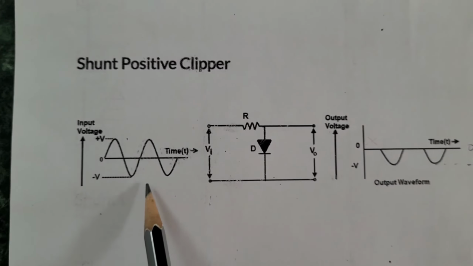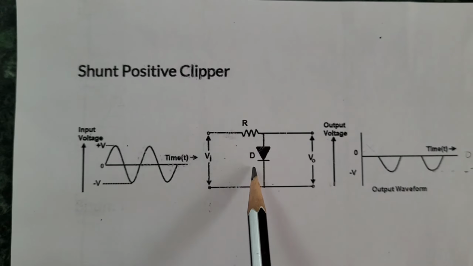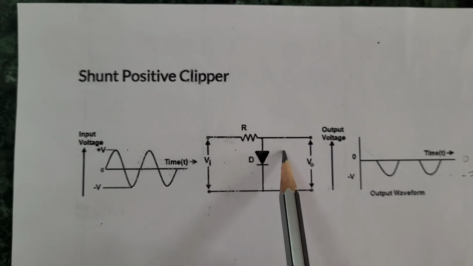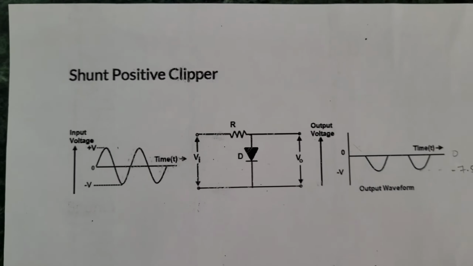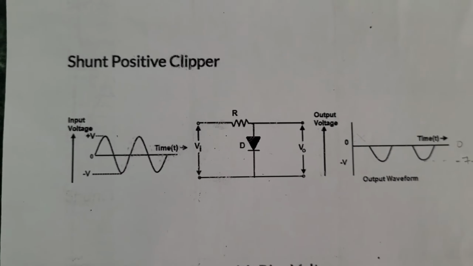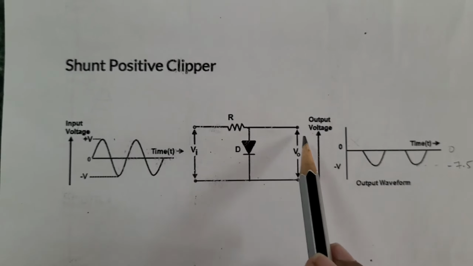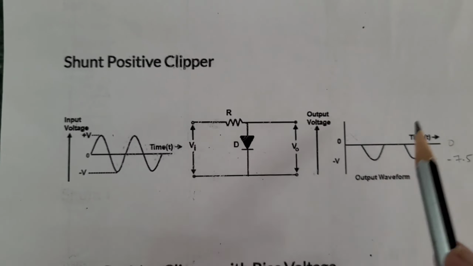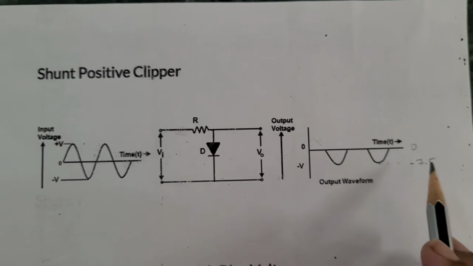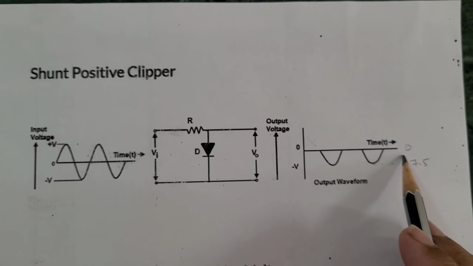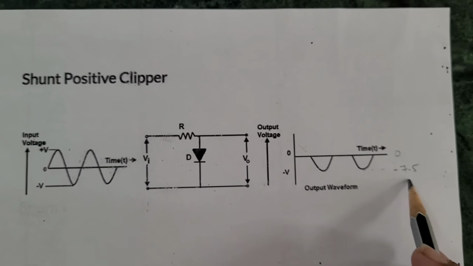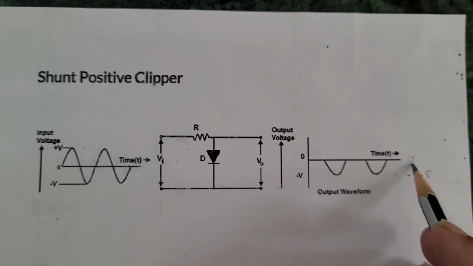During the negative half cycle, the diode gets reverse biased. There will be an open circuit. So the same input waveform will be observed at the output. V minimum of the output will be minus 7.5 and V maximum will be 0 volt.